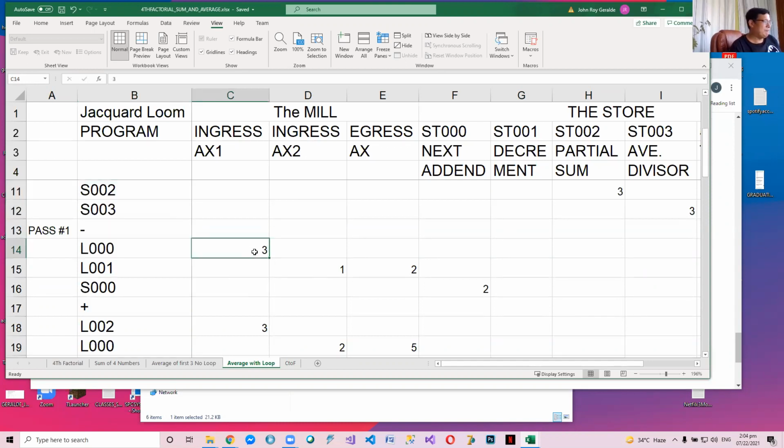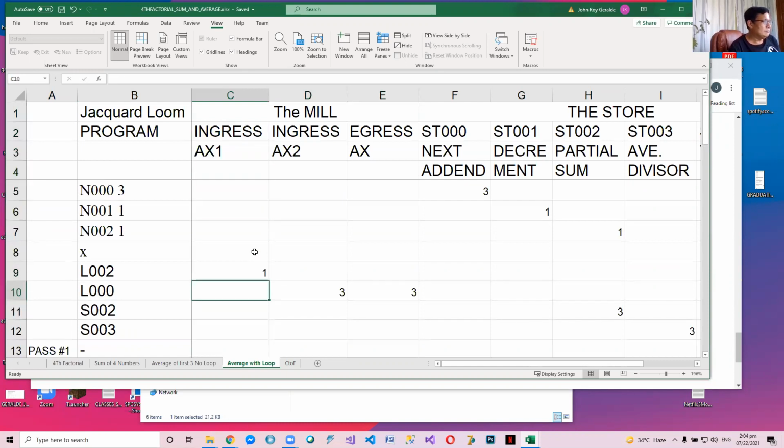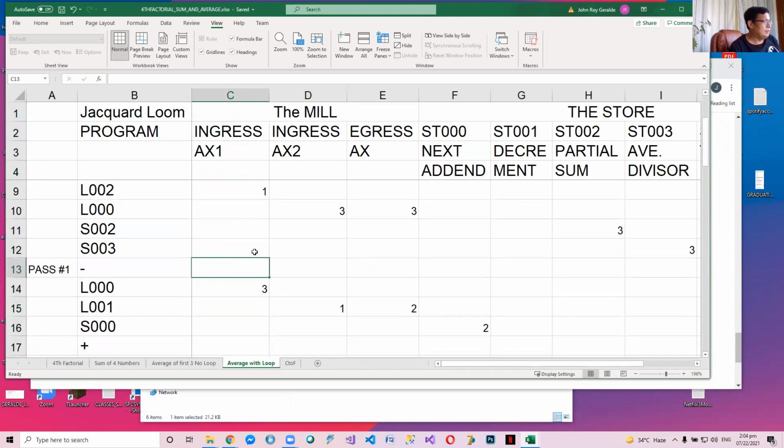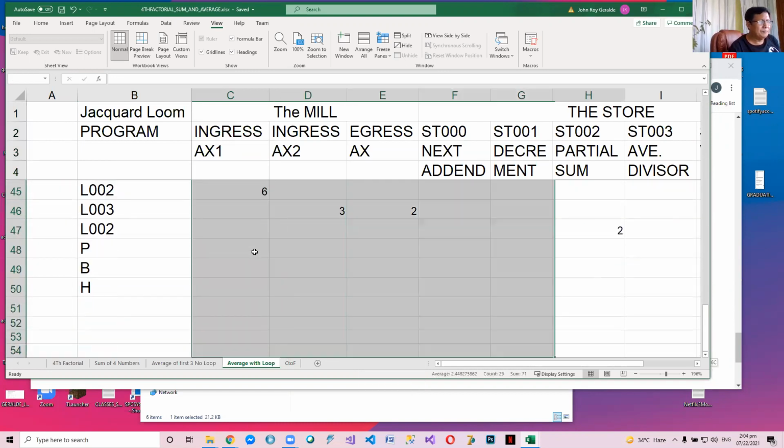Okay, let me erase this first, to get rid of the previous trace.